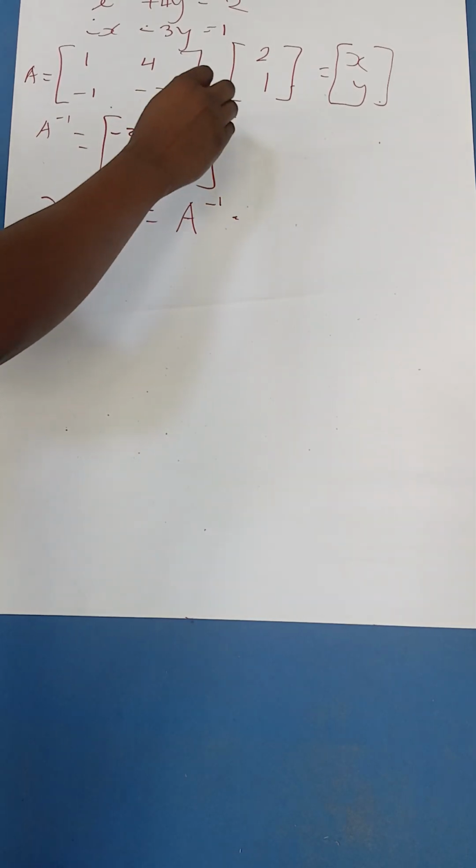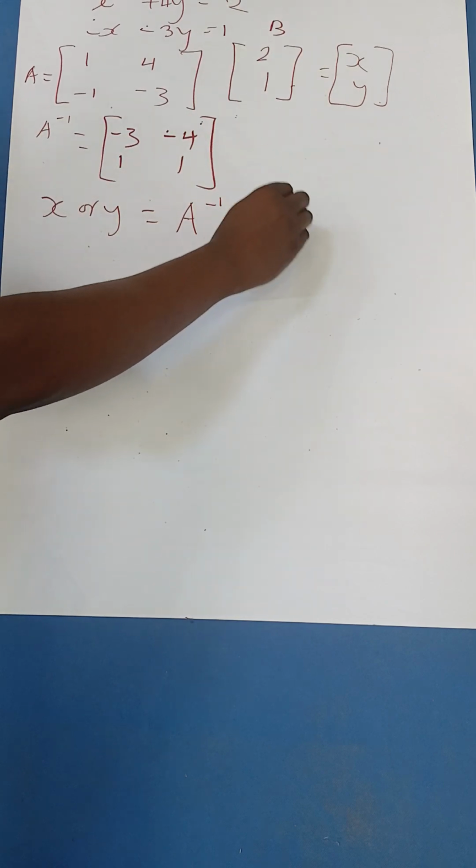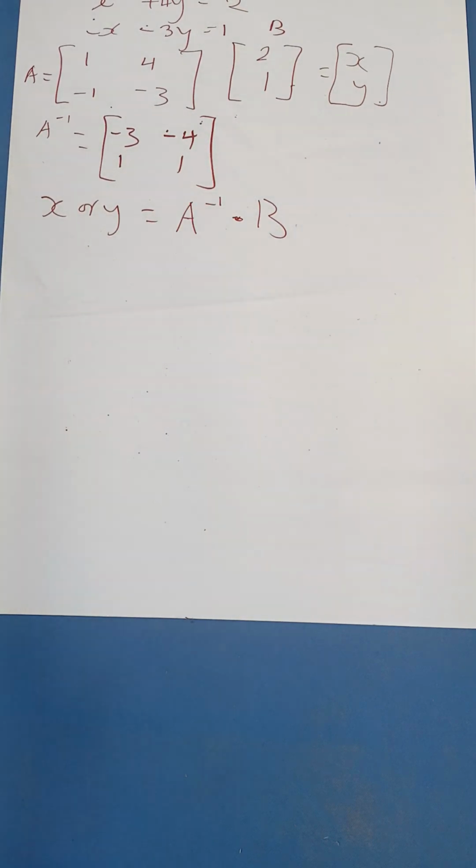The matrix B. We call this one our matrix B. That is a 2 by 1 matrix, because it has 2 rows and 1 column.